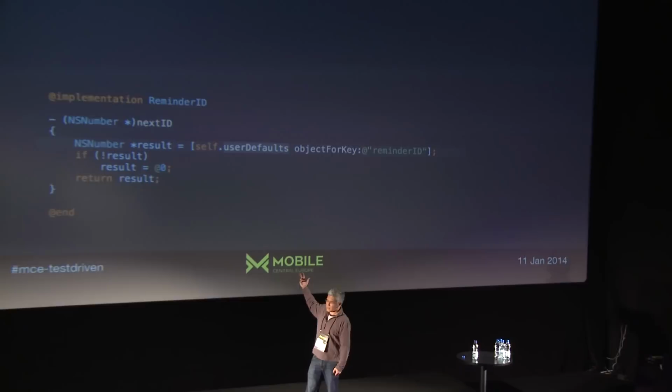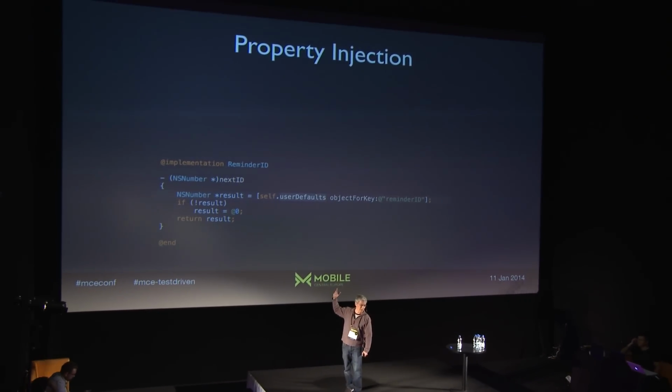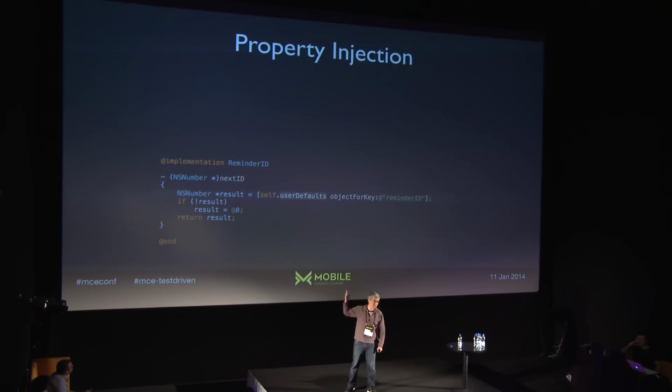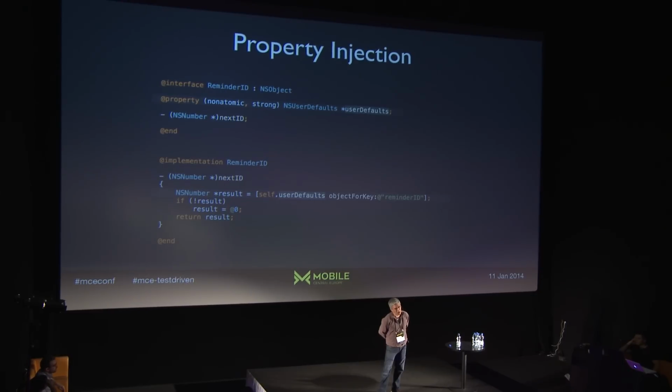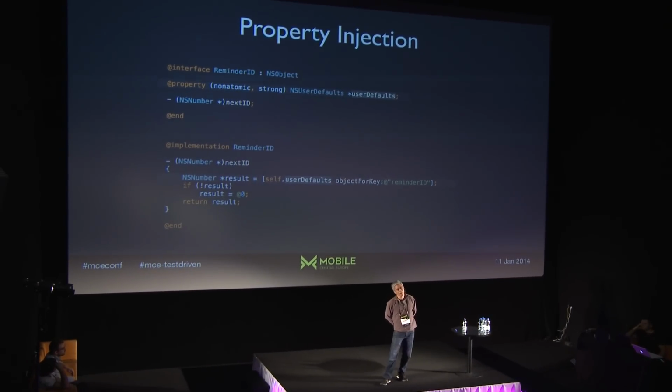Property injection. So now you see instead of calling standard user defaults directly, it's calling self.userDefaults. This, of course, means I've introduced a property. An interesting property of properties is that you can construct the object and you may or may not set the property, right?